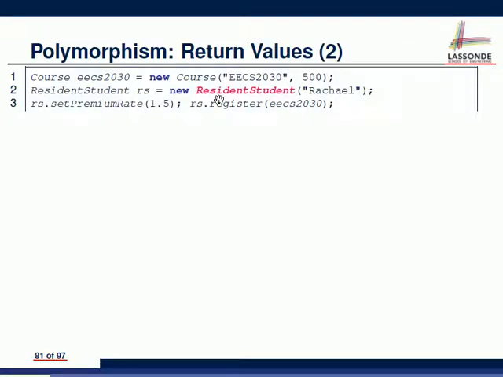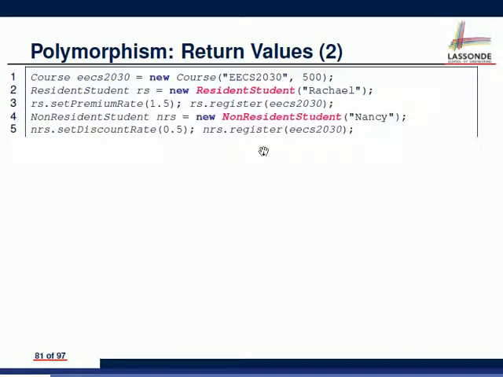What I'm really concerned about here is the dynamic type. Compilation is not really the issue. So let's say RS's dynamic type is ResidentStudent, and then set the premium rate to be 1.5 and register 2030. Also, we have another object called NRS, whose dynamic type is NonResidentStudent, and that means we have a discount rate.